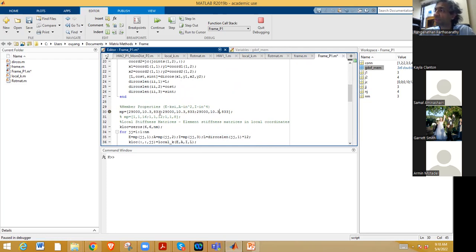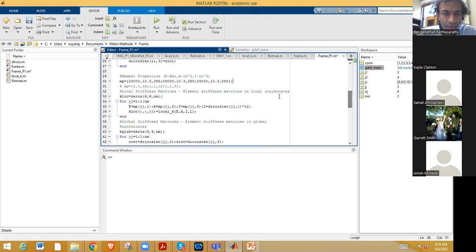And moment of inertia is 285 inch to the power 4. Okay. Now till this point we are good.